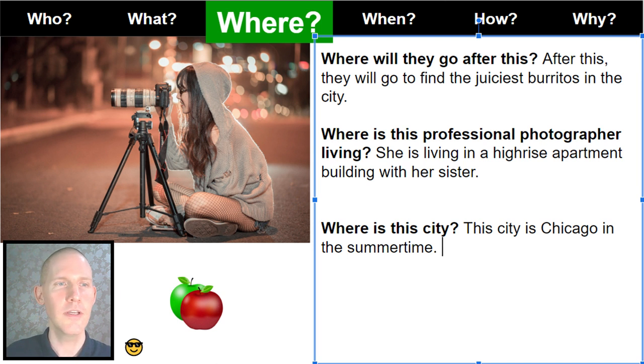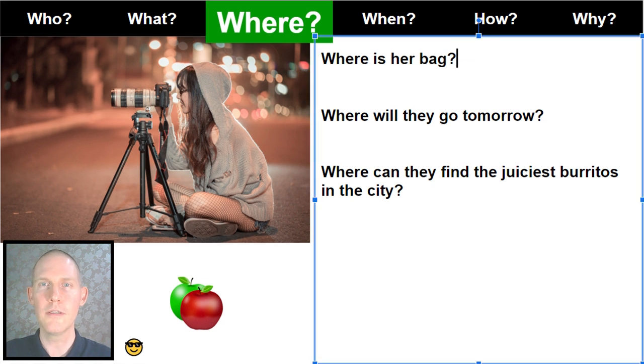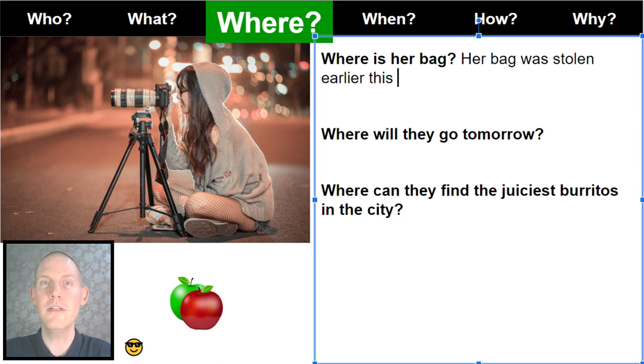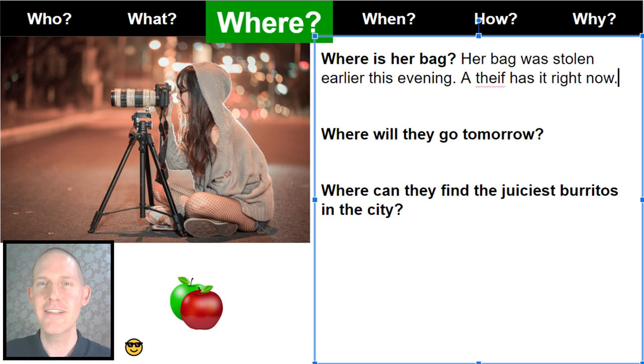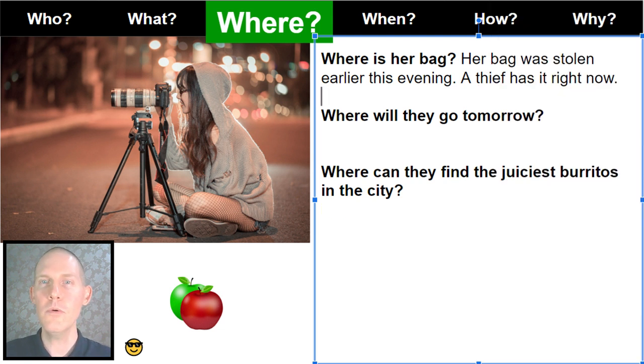All right. Okay, so let's answer the next ones. Where's her bag? We could say her bag was stolen earlier this evening. A thief has it right now. And I spelled thief wrong. Here we go. Has it right now. Where will they go tomorrow?